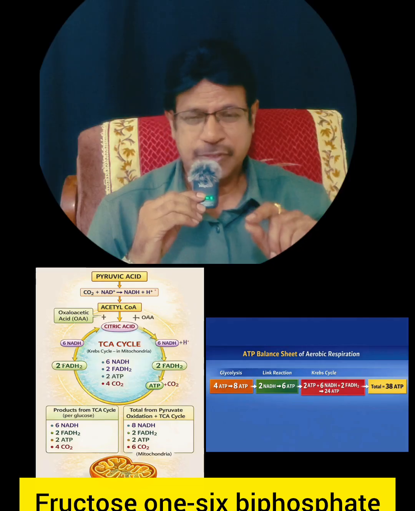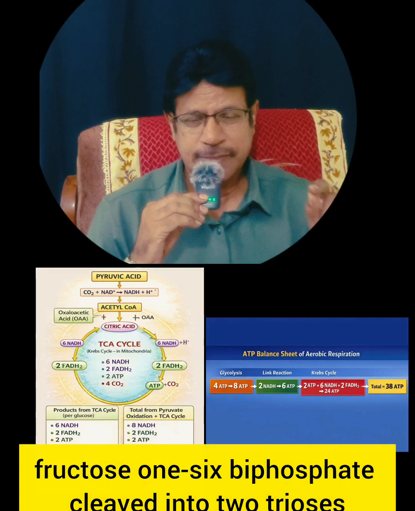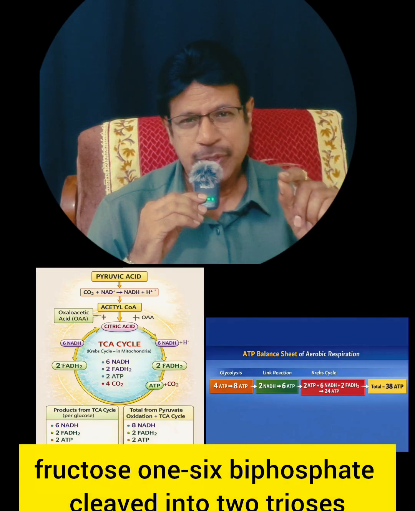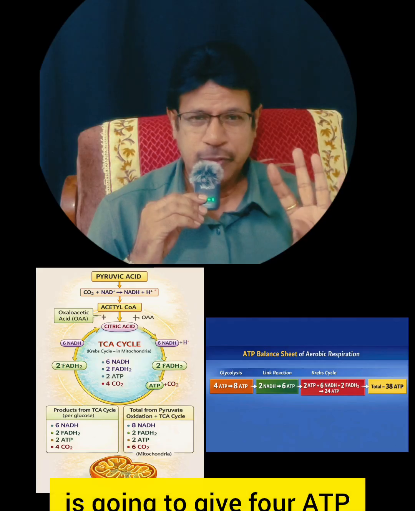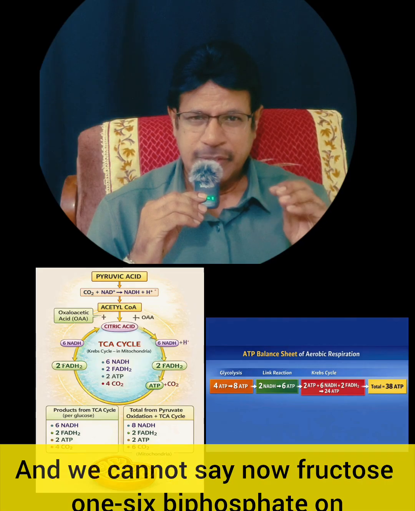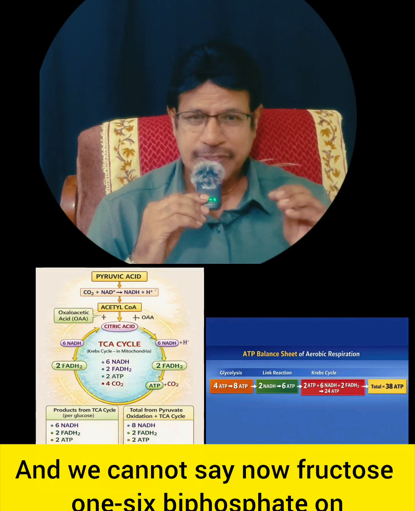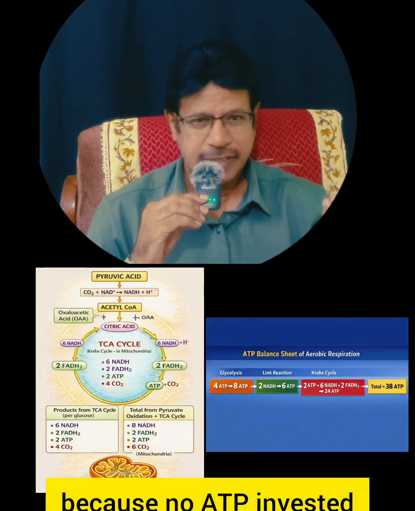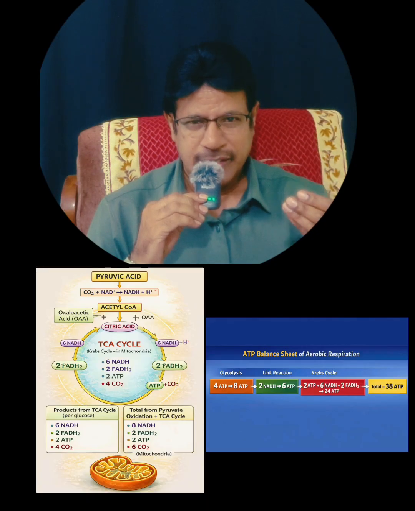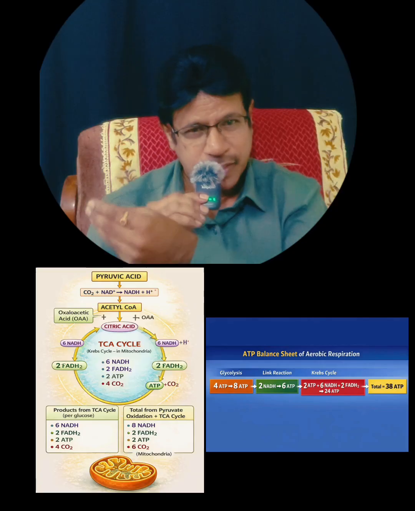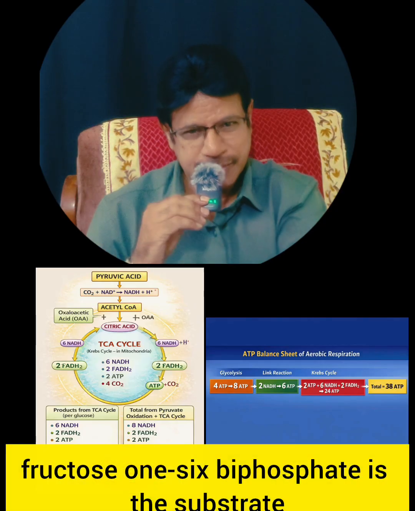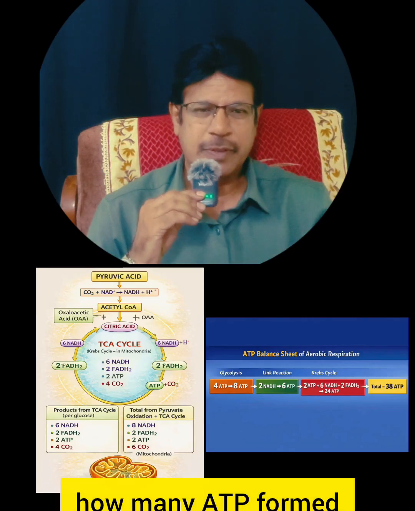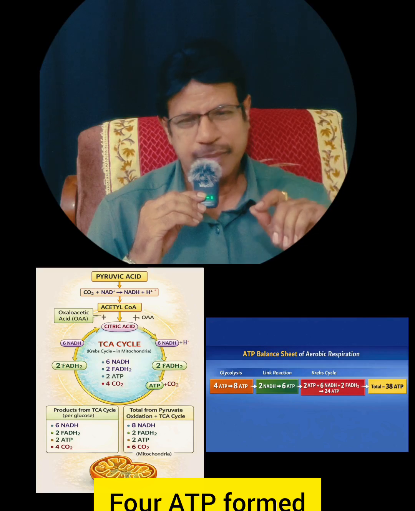Fructose 1,6-bisphosphate is cleaved into 2 trioses and is going to give 4 ATP. We cannot call it a net ATP with fructose 1,6-bisphosphate, because no ATP is invested. So if fructose 1,6-bisphosphate is the substrate, how many ATP are formed? 4 ATP.